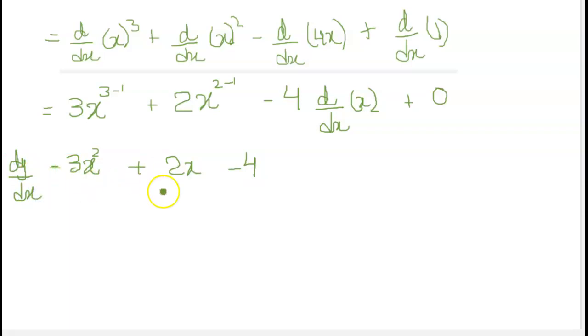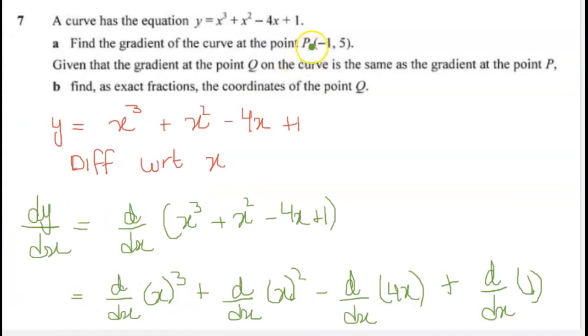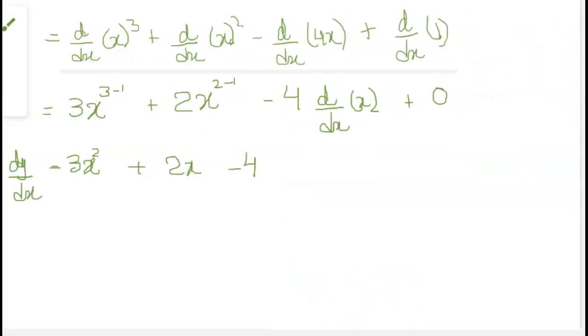over dx. Now in the question it says at the point minus 1, 5. So the point P is minus 1 and 5. This is the point. So I'm just going to put that one here now.